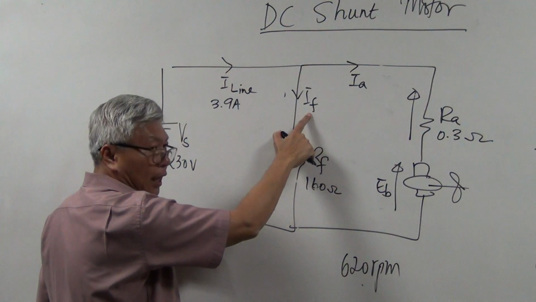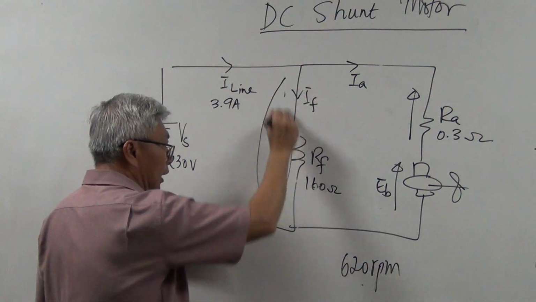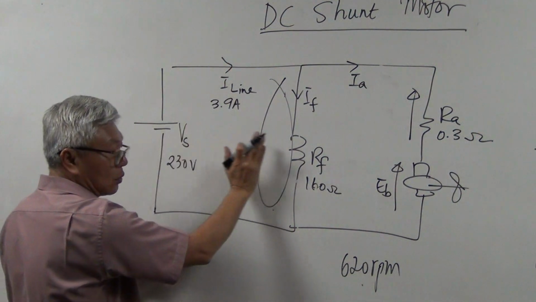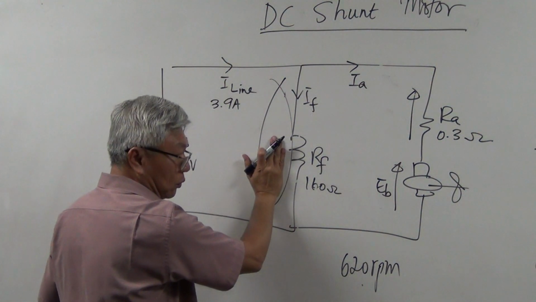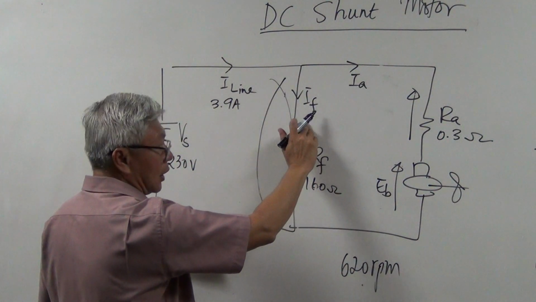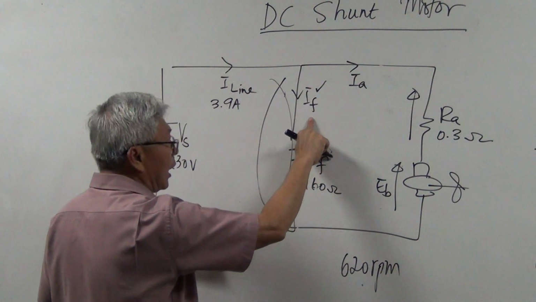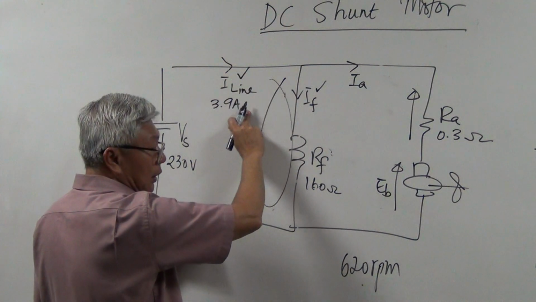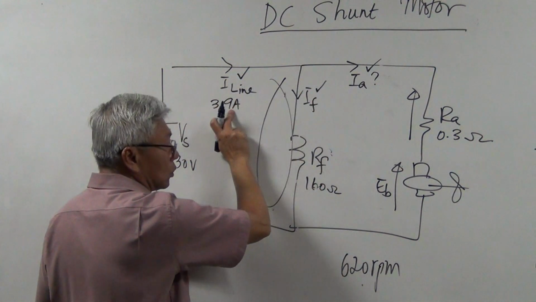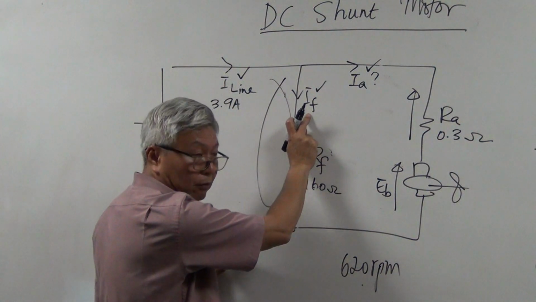How do I calculate IF? The voltage here divided by the resistance. This is a parallel circuit. This is 230 volt. Here is 230 volt. So 230 volt divided by 160 gives you IF. Right? If I know IF, I know the line current. Can I find IA? Can. IA is equal to total current minus IF.